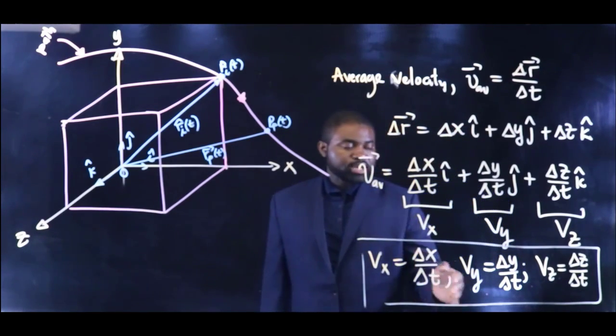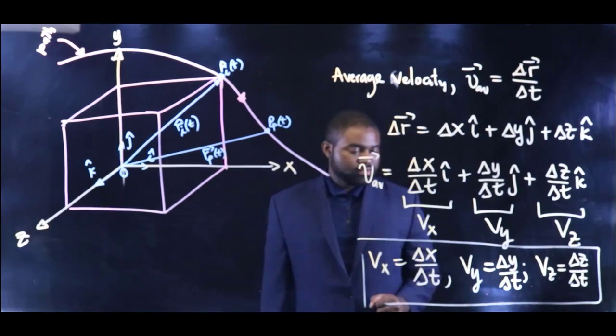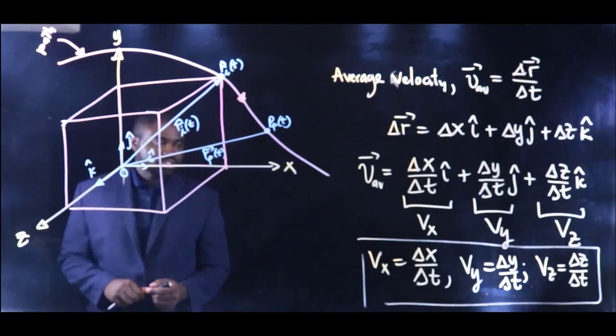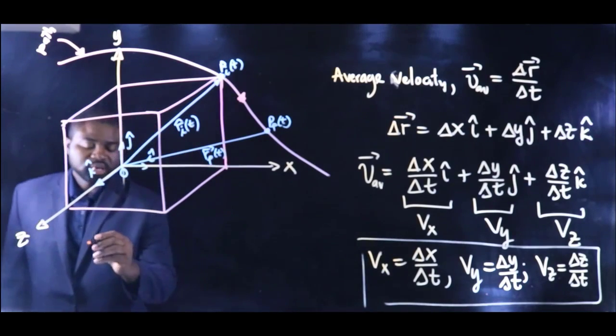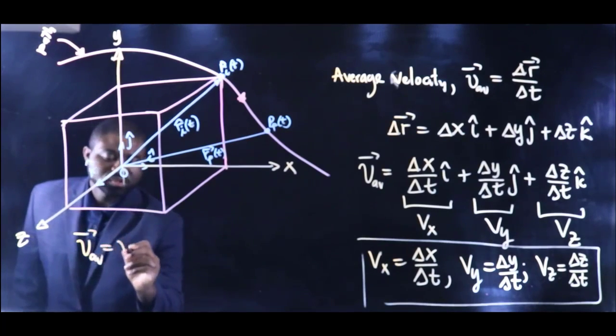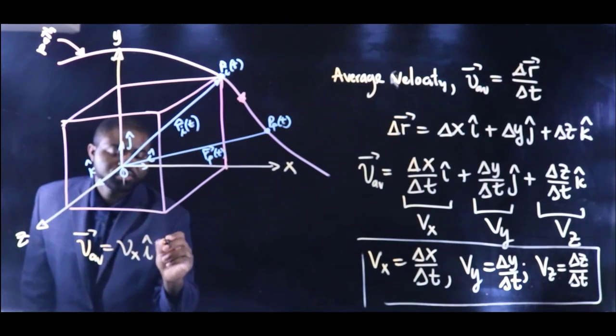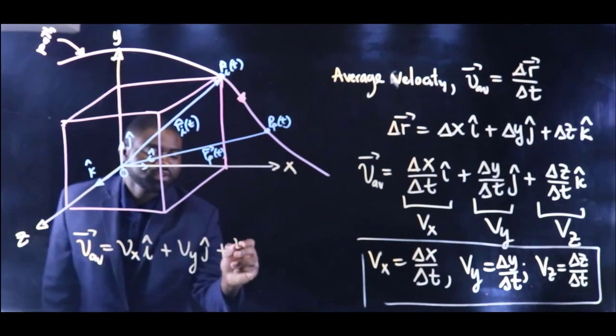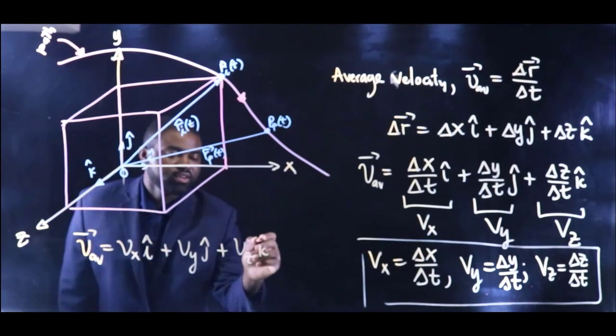When you add the i, the j, and the k, then it becomes a vector. So we can represent the average velocity of this moving particle as V average equal to Vx i plus Vy j plus Vz k.